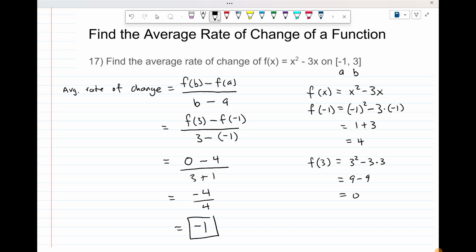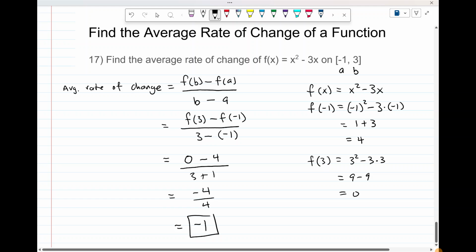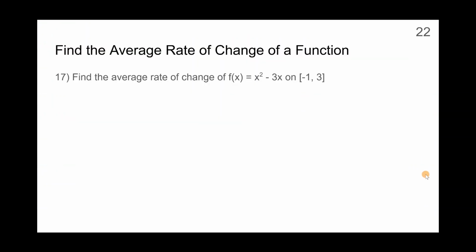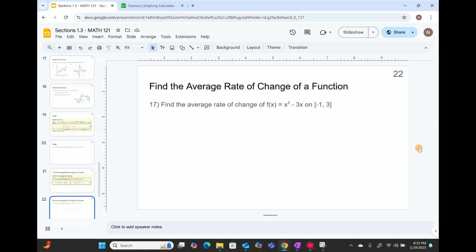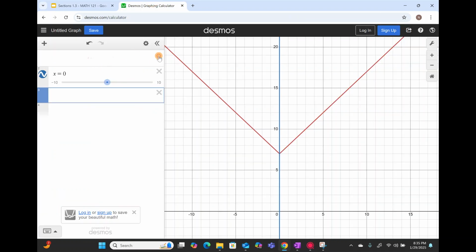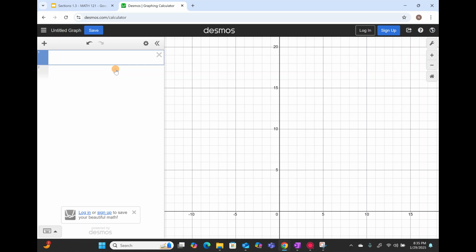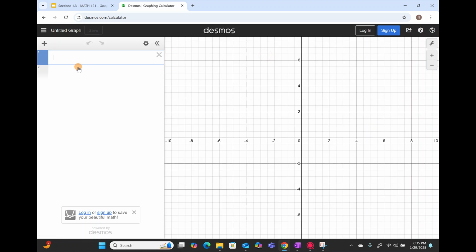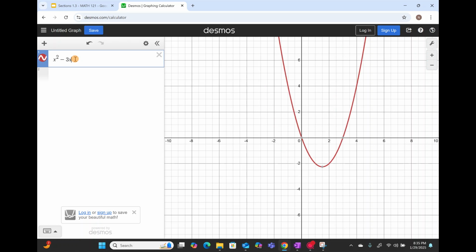So it's x squared minus 3x, x squared minus 3x. Let's go to Desmos. So here's our graph.